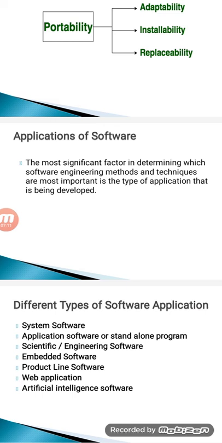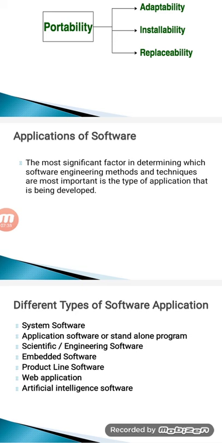The next one is scientific or engineering software. Applications based on astronomy or automotive or stress analysis, molecular biology, volcanology, space shuttle, orbital dynamics, automated manufacturing, all those scientific applications are provided through this scientific or engineering software.